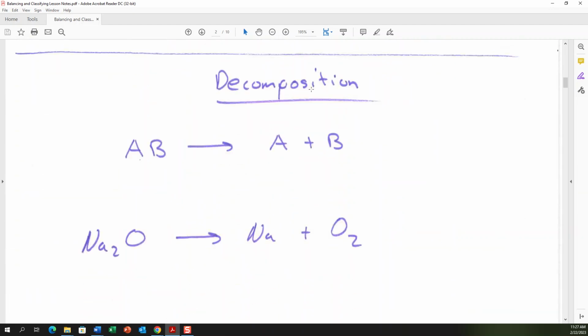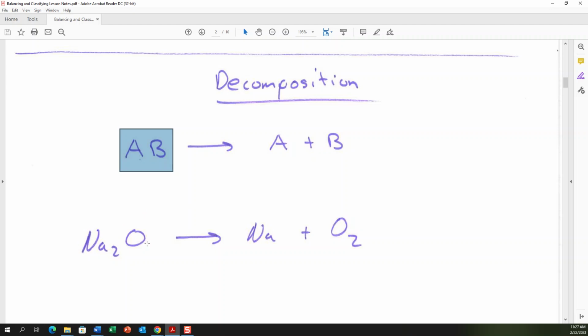So again, decomposition is the opposite of synthesis. So one reactant. If you only have one reactant, then it's got to be decomposition. And so again, we're just flipping the arrow. So instead of A plus B yielding AB, it's AB yields A plus B, right? And so again, it could be a compound breaking up into the elements that make up the compound, right here.